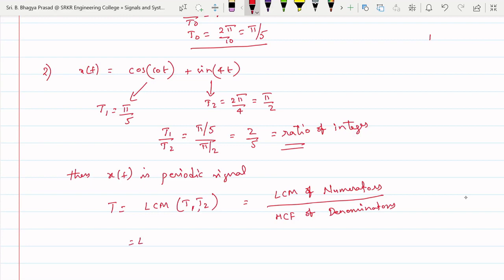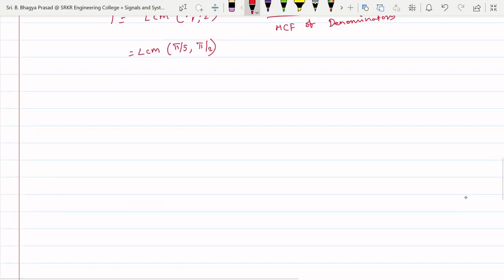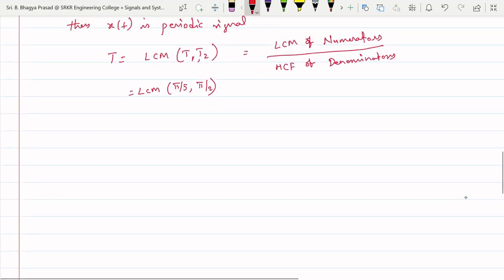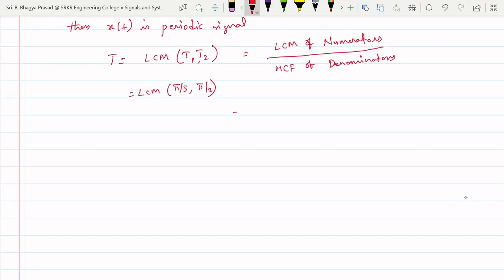That is, the LCM of pi by 5 and pi by 2 is the LCM of the numerators, that is the LCM of pi and pi, and the HCF, highest common factor, of 2 comma 5.